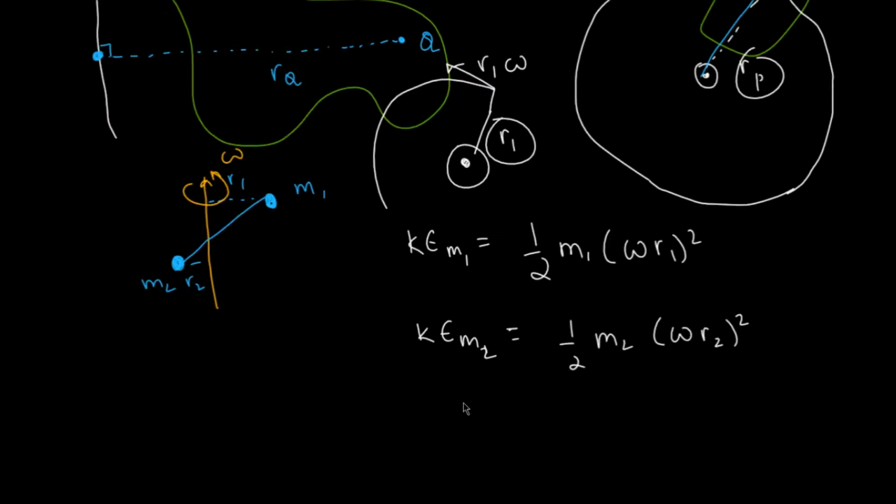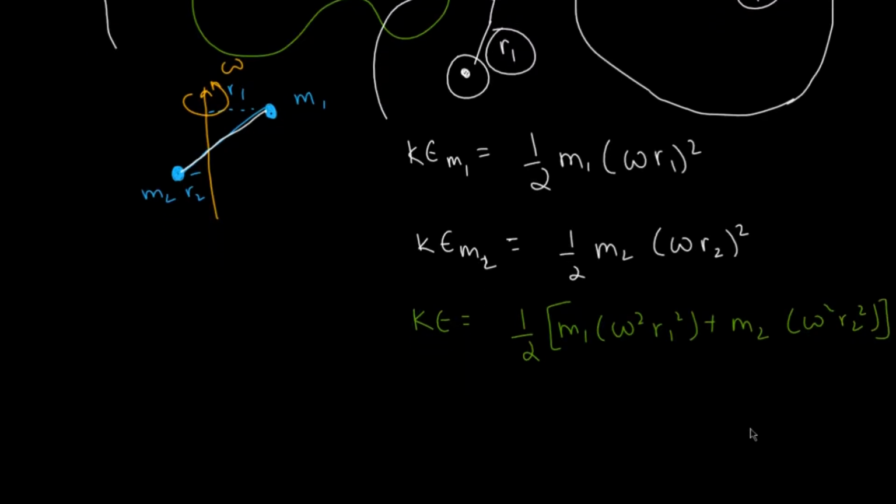Now, the kinetic energy of this entire rotating body, assuming that this rod is relatively light, negligible compared to these masses, you can write that the entire rotating apparatus that you have has a total kinetic energy of half m1 times omega squared r1 squared plus m2 times omega squared r2 squared.